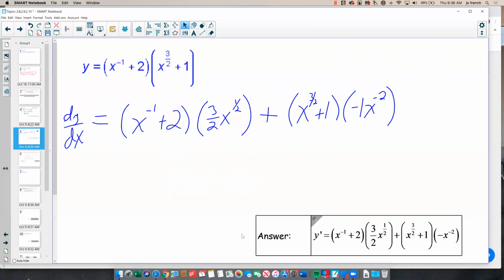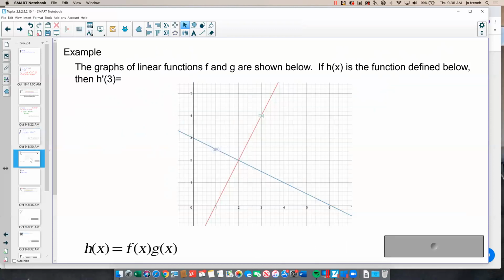Let's look at one more example. Here we have a graph, our infamous graph. Here we have the linear functions f in red and g in blue. And h of x is the function f of x times g of x. We want to find the derivative of h when x equals 3.